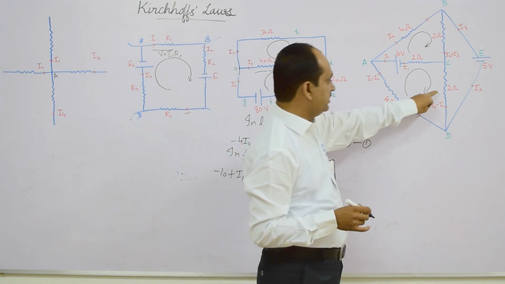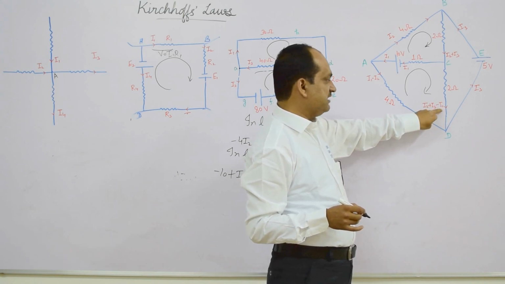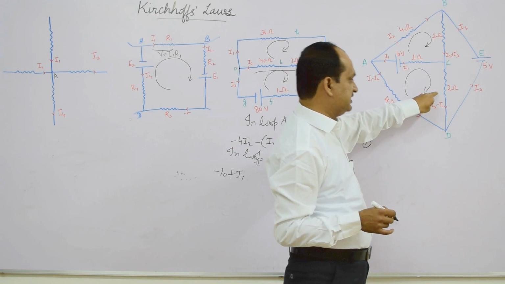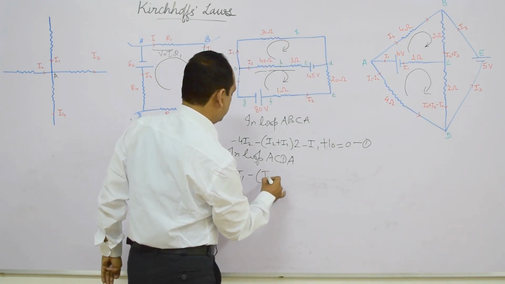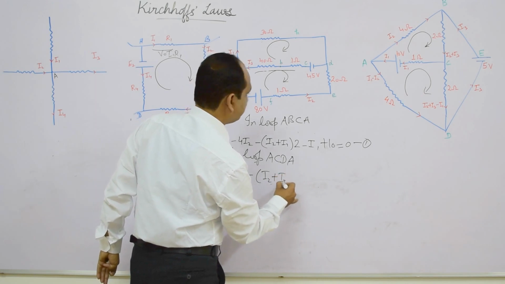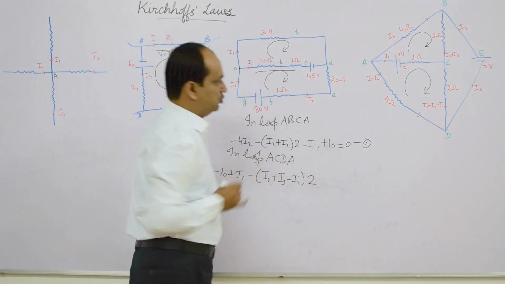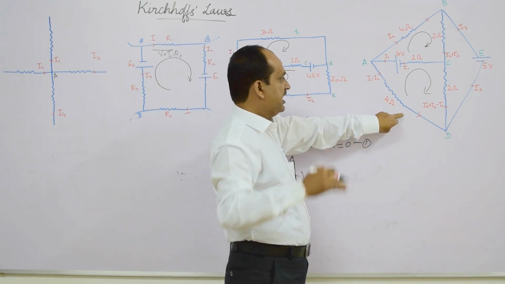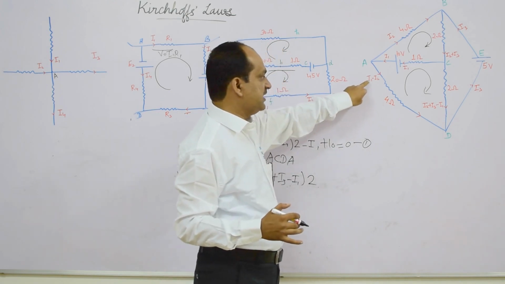Now just move here. Here the current is I2 plus I3 minus I1 and that is in clockwise direction and passing through 2 ohm resistor, so it should be negative. Minus I2 plus I3 minus I1 multiplied by 2. Now here the current is anti-clockwise direction and it is passing through 4 ohm resistor and the current is I1 minus I2.